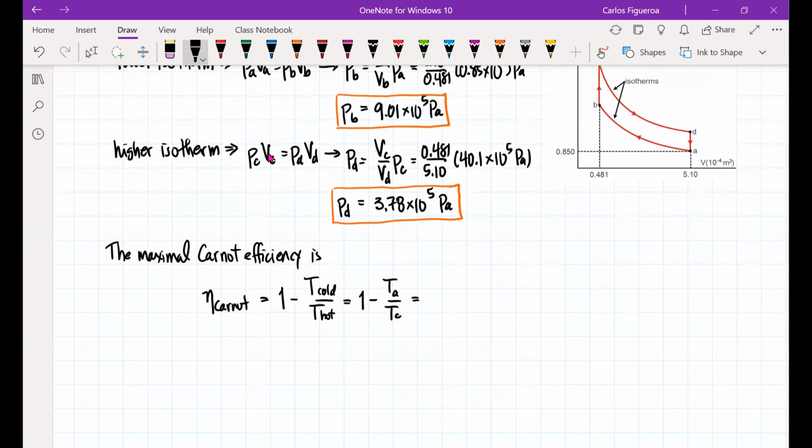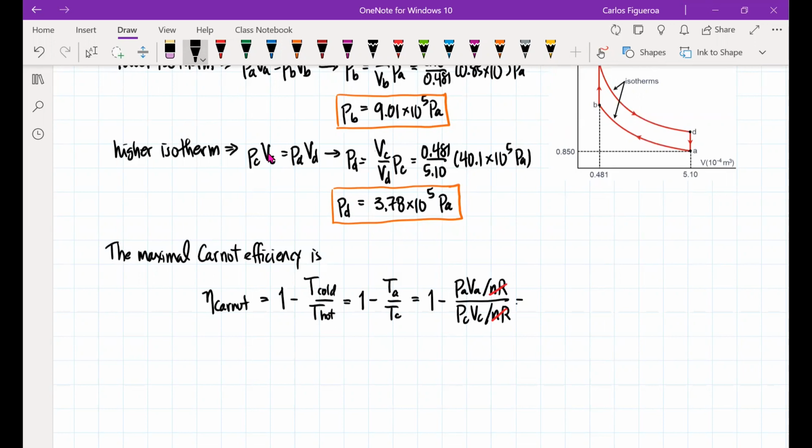So then I'm going to use the ideal gas trick where I replace that. So that should be PAVA divided by NR and PCVC divided by NR. And what you can see here is that I'm going to cancel these. So now it's really just the pressures and volumes that I've got to multiply out. So let's plug those in.